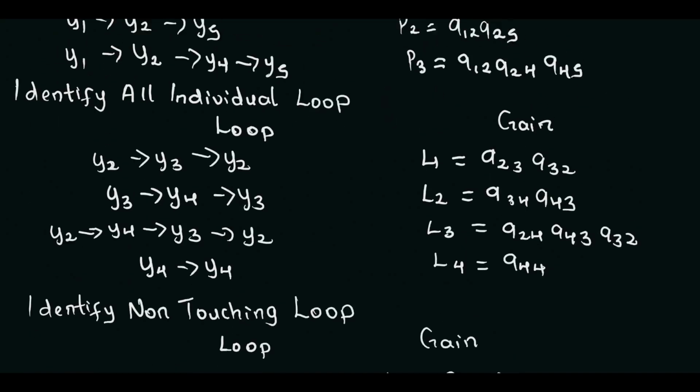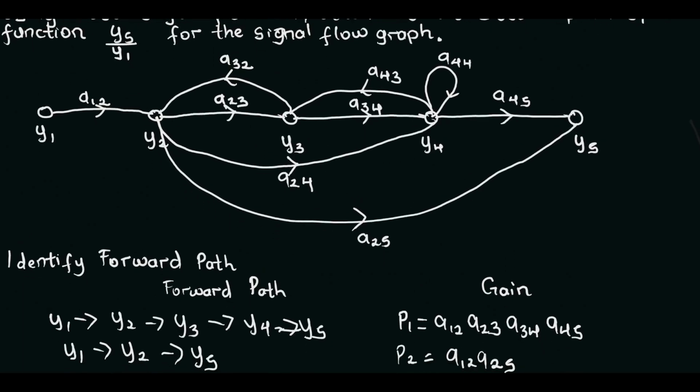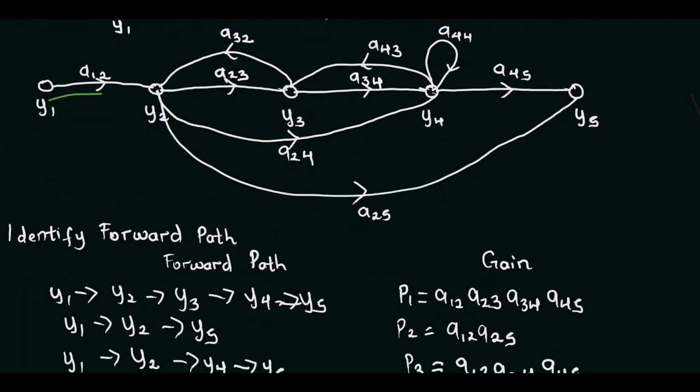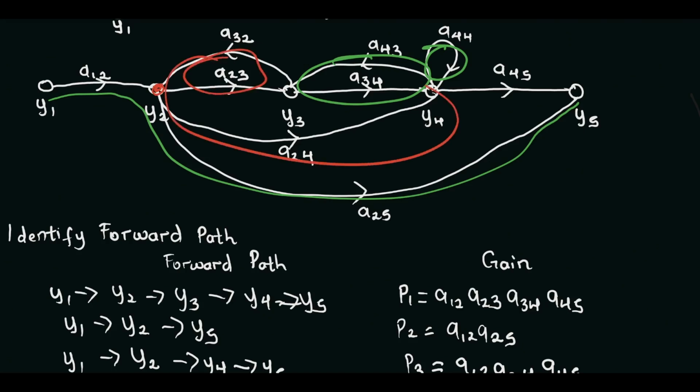Let's look at the second path. The second path is Y1, Y2, Y5. That's our second path. But you see from our second path that you have this loop here, which is not touching it, and this loop here. The reason I don't pick the others is because these two loops are touching, they are sharing the same node as your path.